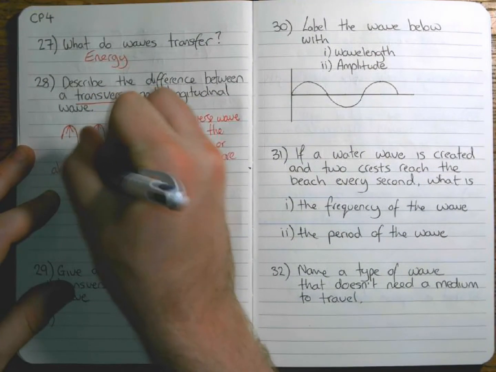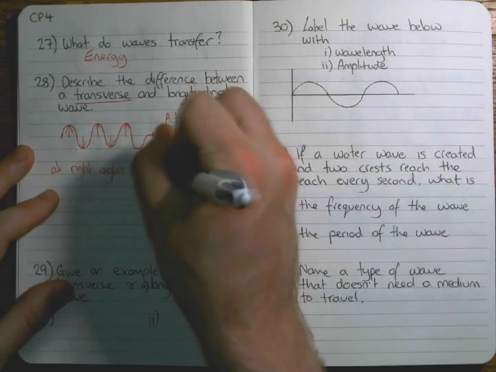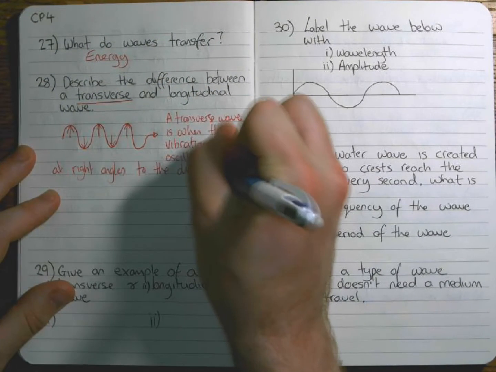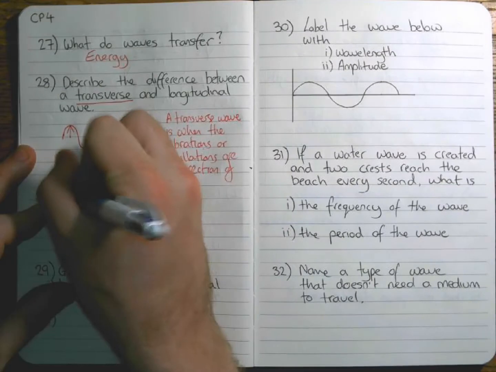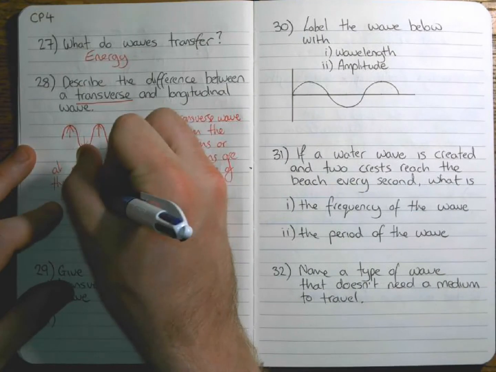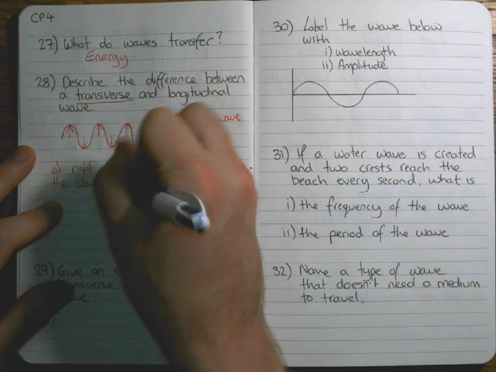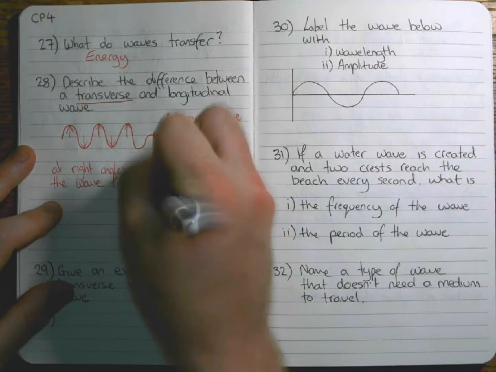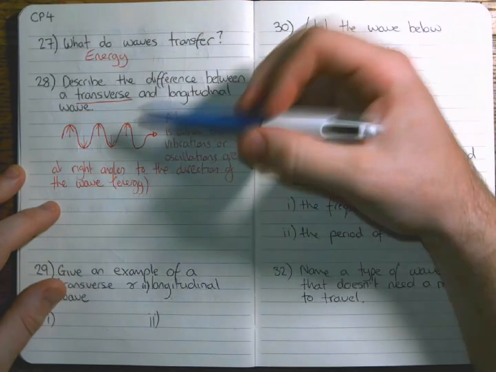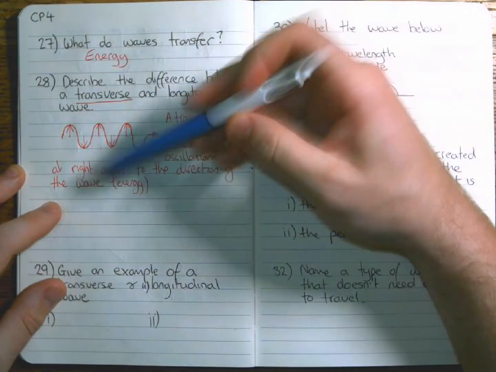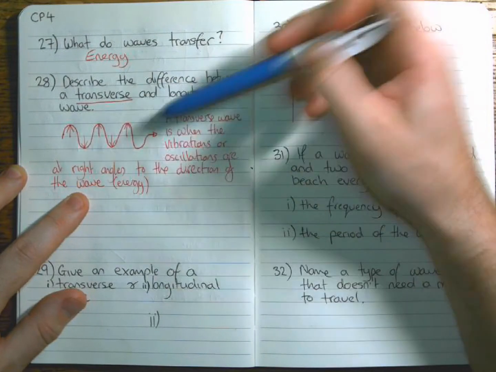at right angles to the direction of the wave. A transverse wave is when the vibrations or oscillations are at right angles to the direction of the wave, or the direction of the way the energy is travelling.